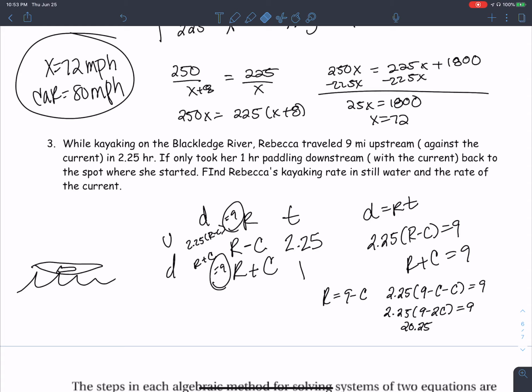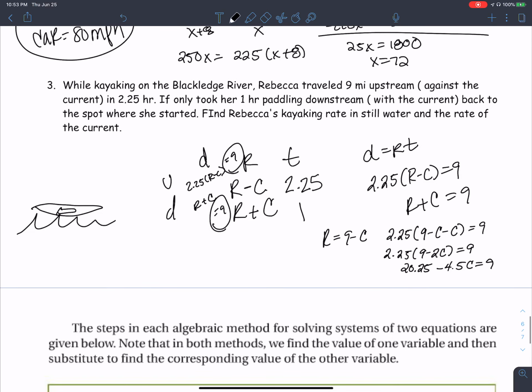My eraser decided it was going to start working. So minus 4.5c equals 9. 9 minus 20.25 gives me negative 11.25. So negative 4.5c equals negative 11.25, divided by negative 4.5.